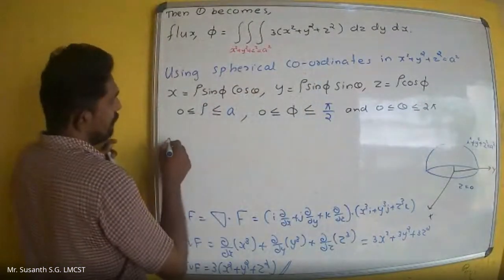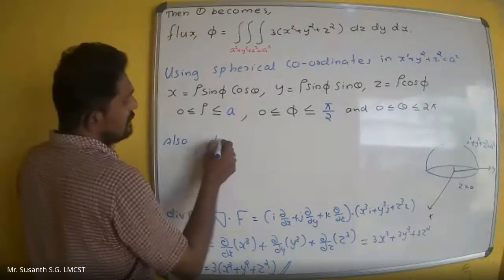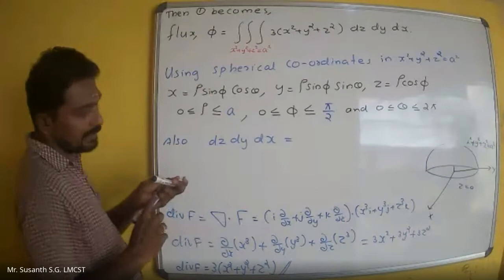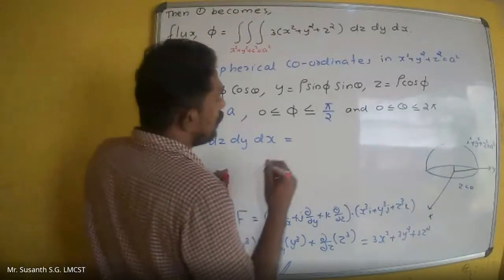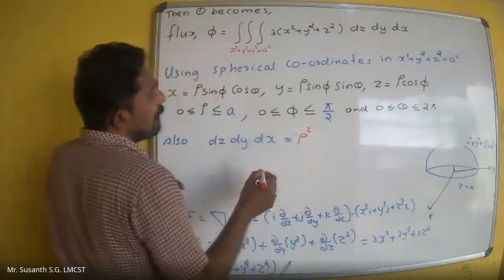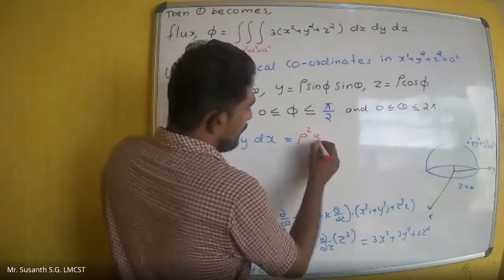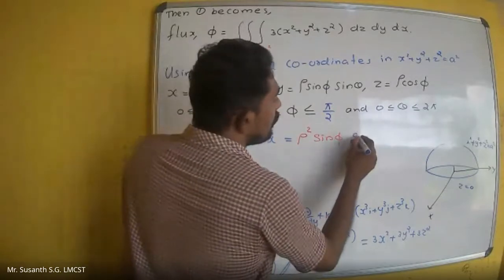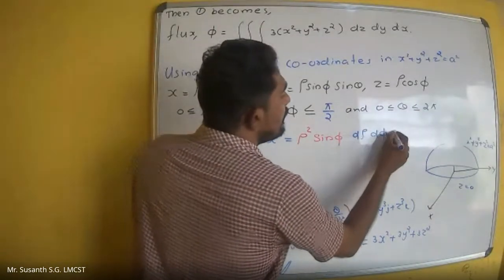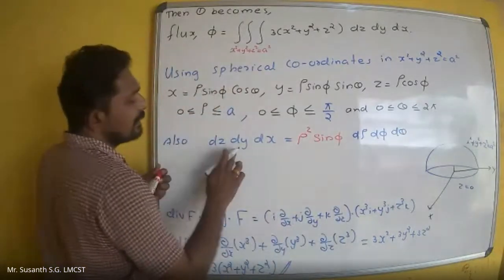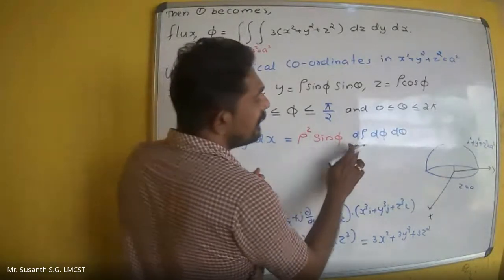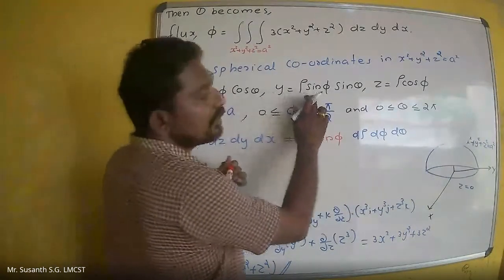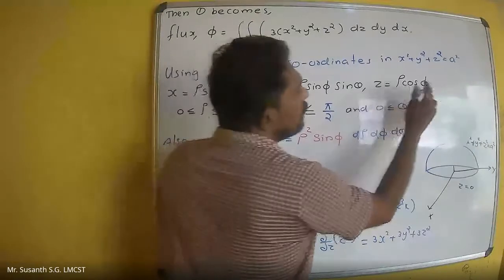Also, we substitute dz dy dx, which we have studied as the formula: dz dy dx is rho² sin phi d rho d phi d theta. Here x = rho sin phi cos theta, y = rho sin phi sin theta, z = rho cos phi.